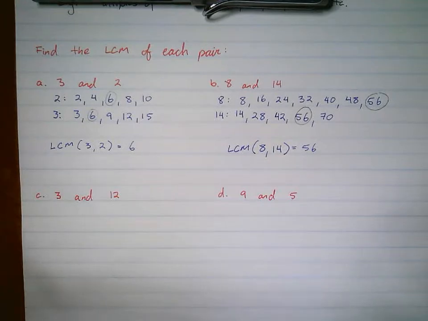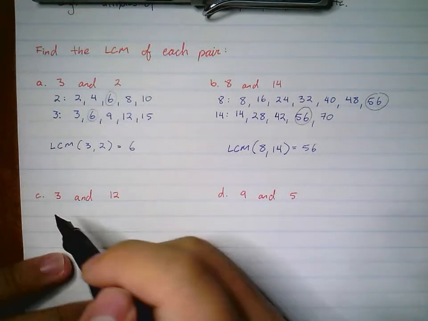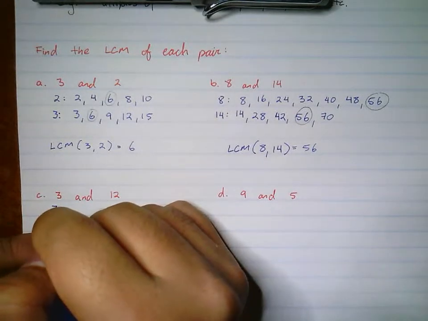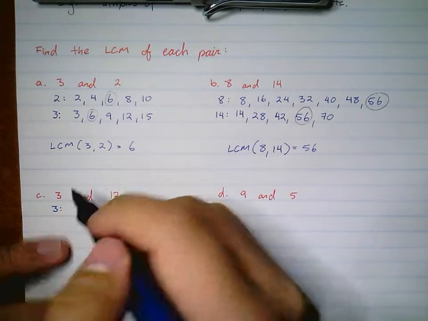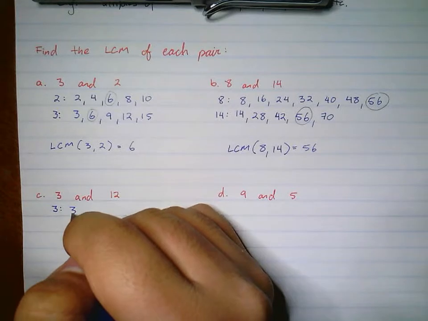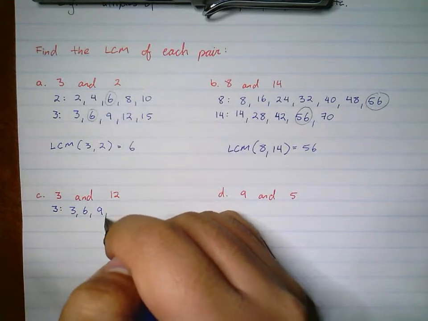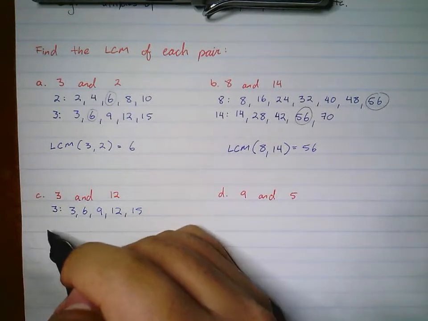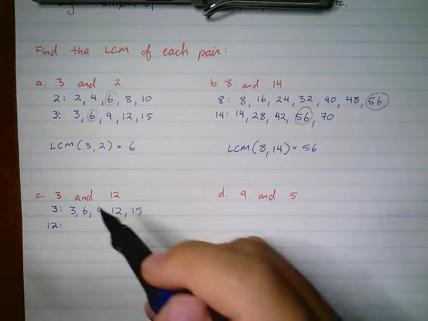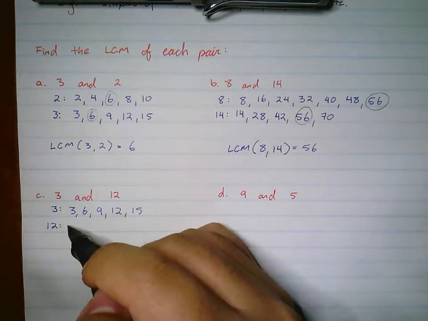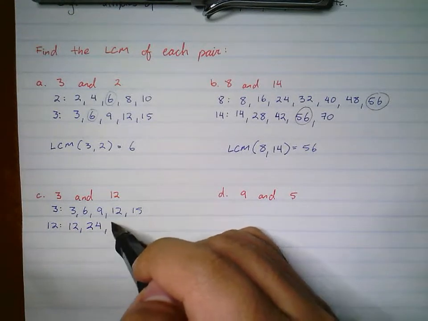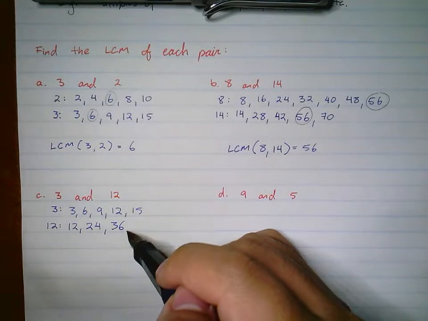Okay, so let's move on here. The lowest common multiple between 3 and 12. So multiples of 3 are 3, 6, 9, 12, 15. And multiples of 12, actually don't need to go too far, because look, we have 12, 24, 36.